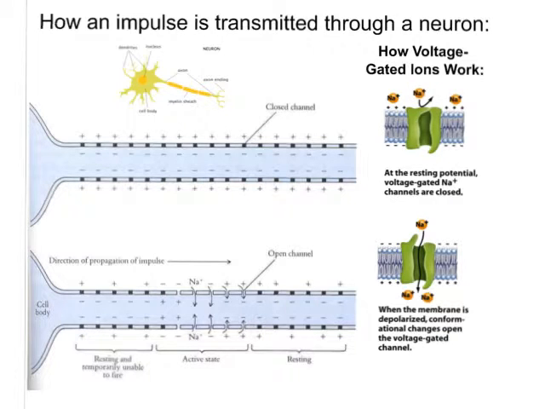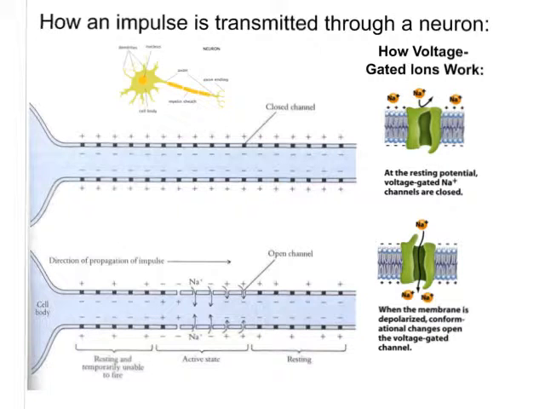And ions, if you'll remember, are just charged particles, okay? These are sodium ions. Na is the chemical symbol for sodium. And these sodium ions, they're charged, they're positive. They cannot go through the cell membrane here. And when this gated ion channel is closed, these sodium ions cannot go through it.